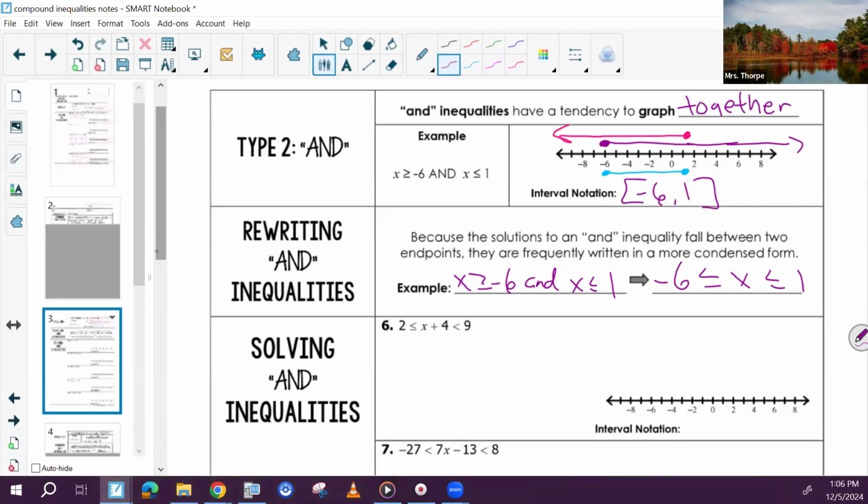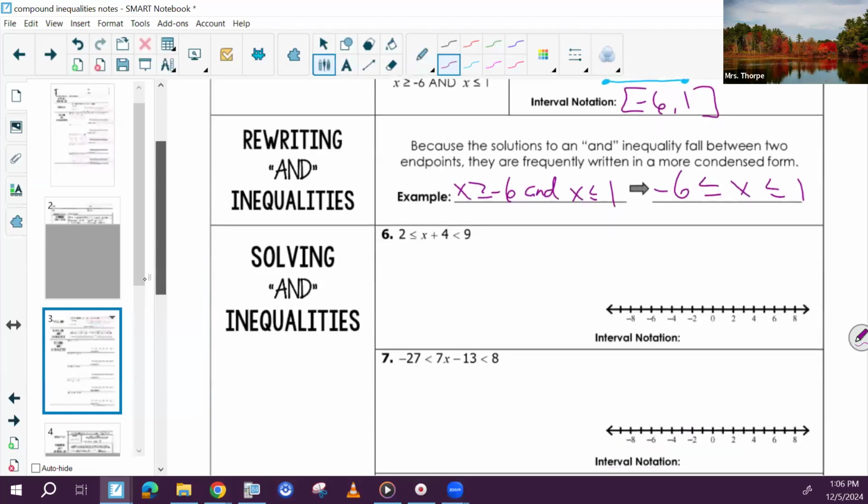Okay, and then I'm going to show you how to solve it with the condensed format and how you could separate it if that makes it easier for you. So in this, because everything is condensed, what I do to one piece, I'm doing to everything. So treat this like one big inequality. If I were to get this x in the middle by itself, what would I do to 4?